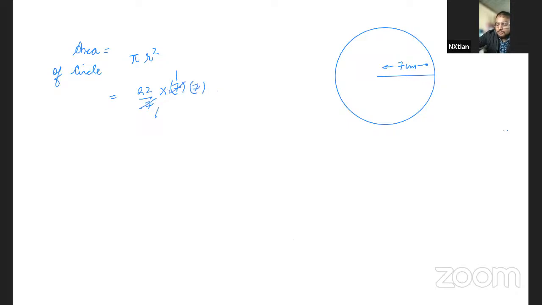So 22 into 7 into 7 will become 154 centimeters square. Understood? Yes or no? Instead of doing square, I did into two. Yeah, that's a mistake, no?